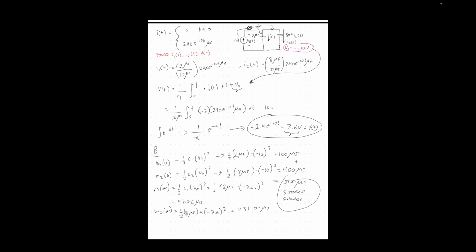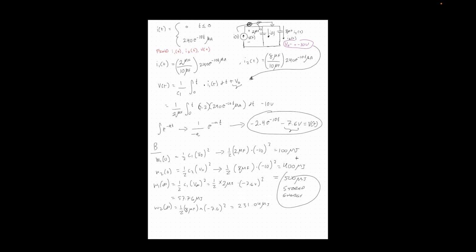So in doing this, I'm going to go ahead and find the difference between the infinite energy stored and the original energy stored, or the energy stored after a long time minus the initially stored energy, in another way of saying it.